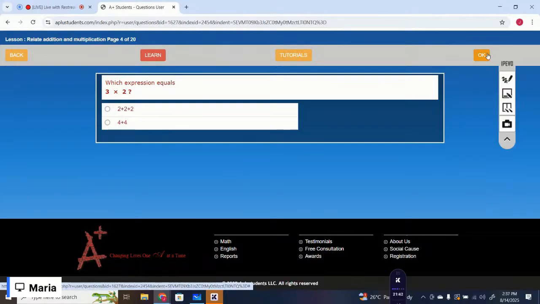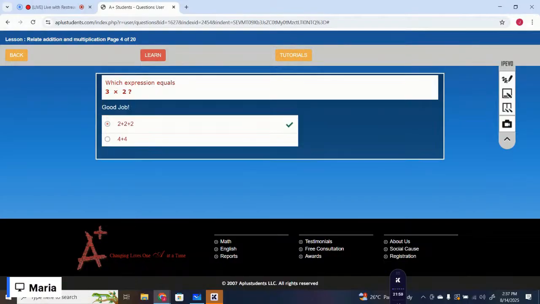Which expression equals 3 times 2? That is 2 plus 2 plus 2. Option number 1 is the correct option.